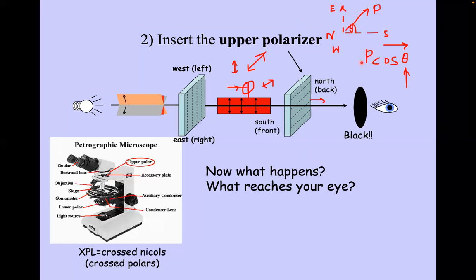So p cos theta plus p sine theta compose the resultant light, which is what we refer to here as p. This is how light passes through the second polarizer, if the light is bent in between these two polarizers; otherwise it will not bring you any light.